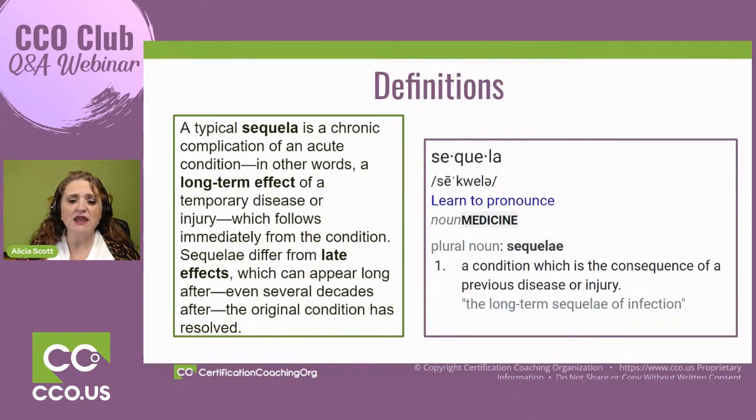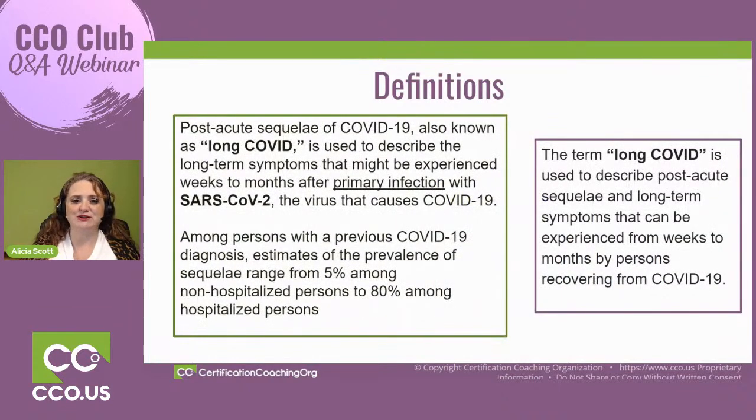So late effects and sequela in our world really is synonymous, but if someone were to break it down and say, well, actually, it's two different terms. But for us, sequela hit the verbiage in the ICD-10 manual a little later than late effect, if you've been around as long as I have.